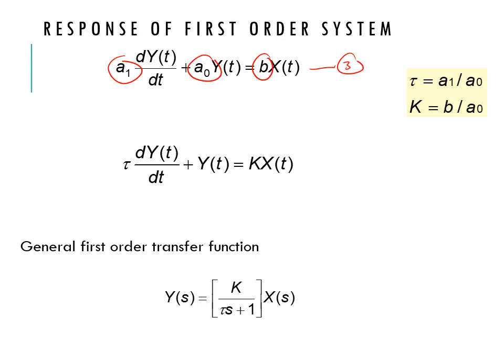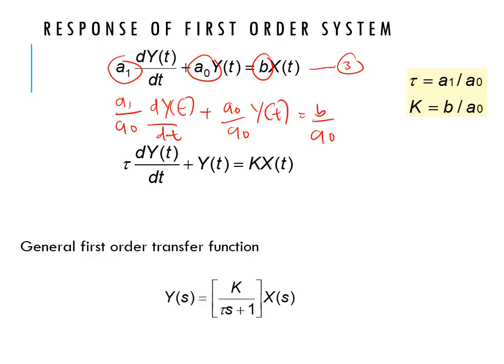But without loss of generality, we can divide the equation by one of the three, so that we can characterize the equation by just two parameters. Alright, so for example, we divide by a0: a1 over a0 dy(t)/dt plus a naught over a naught y(t) equals b over a naught x(t).